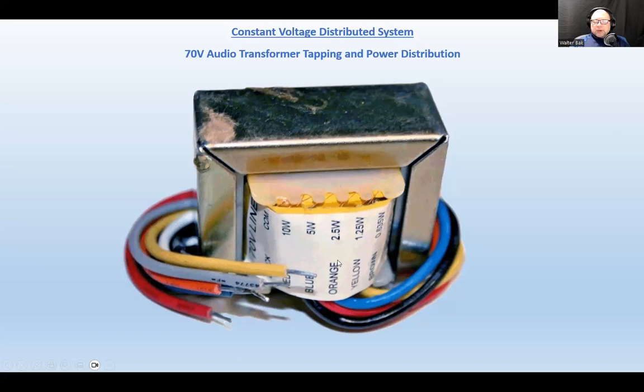And they say orange means it's a 2.5 watt tap. Then yellow would be 1, so that would be considered a 1 watt tap, right? And so on, 10 watts, 5 watts, 2.5, 1.25. So for the purpose of simplicity, this would be called a 1 watt tap, all right? Even though it says here that's 1.25 watts.